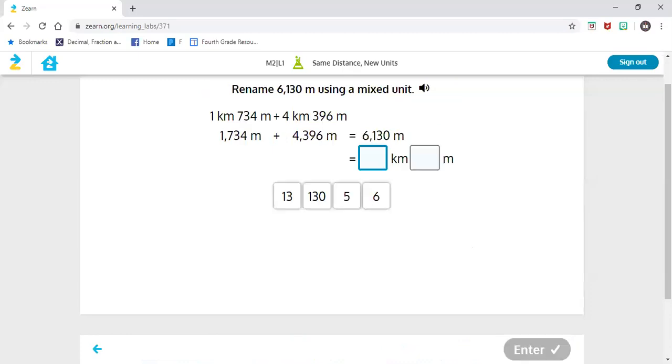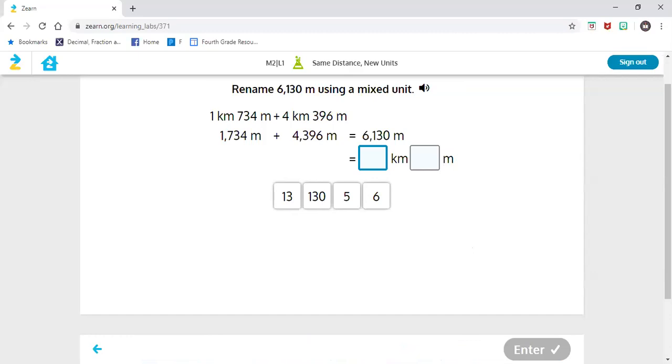Okay, so now we're going to change these back into a mixed unit. And a mixed unit, you know, we love those mixed boxes of chips because we get so many different kinds, so many different varieties. So a mixed unit means that we're having different types of units all together. So let's start.